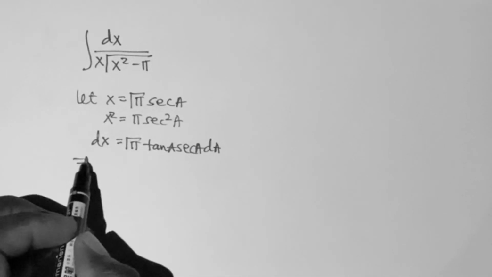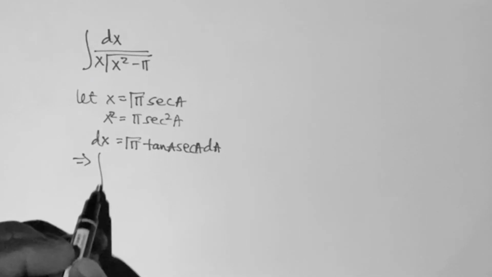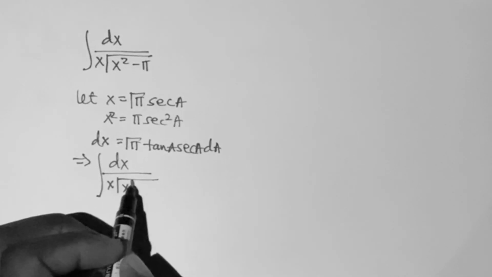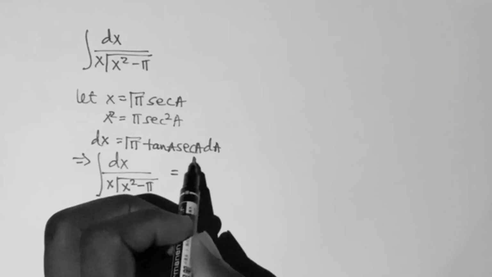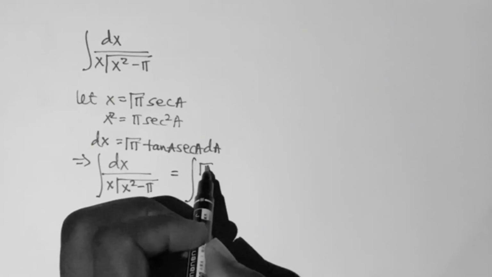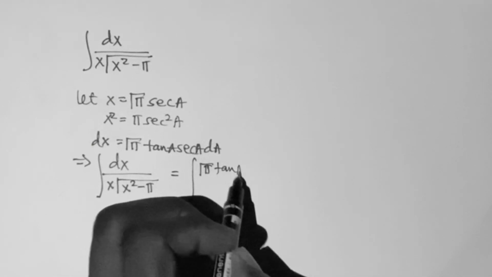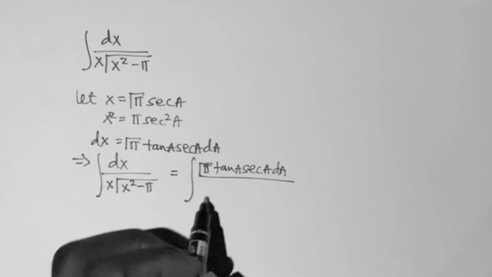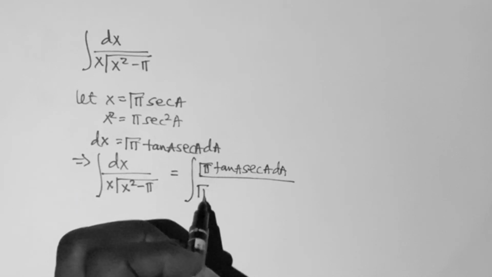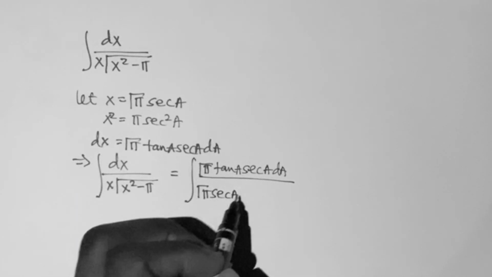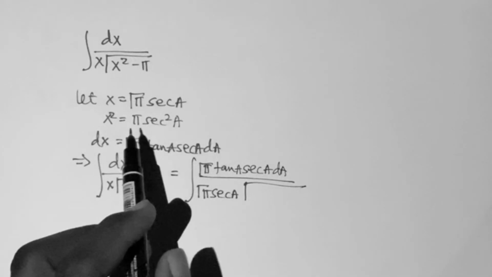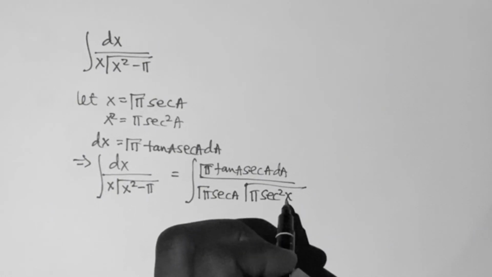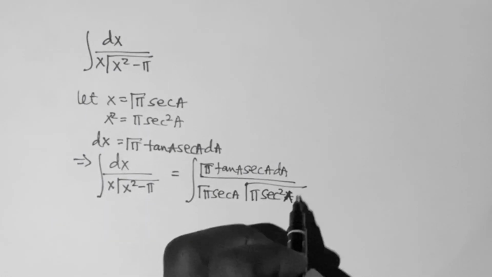So this implies that integral of dx divided by x square root of x squared minus pi is equal to integral of dx, which is square root of pi tan a sec a dA, and divided by x, which is square root of pi sec a, then square root of x squared, which is pi sec squared a, then minus pi.